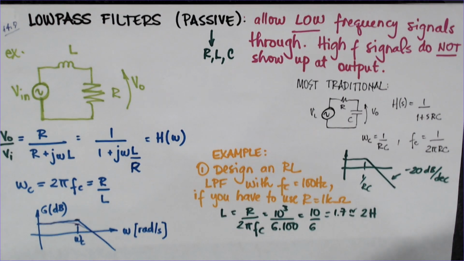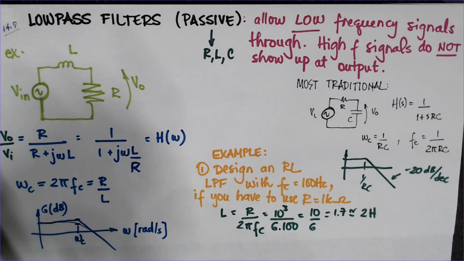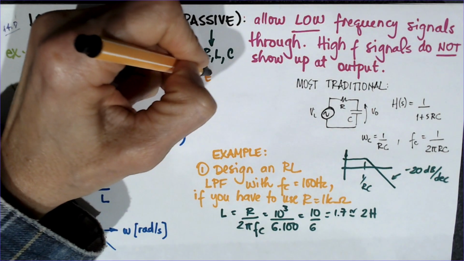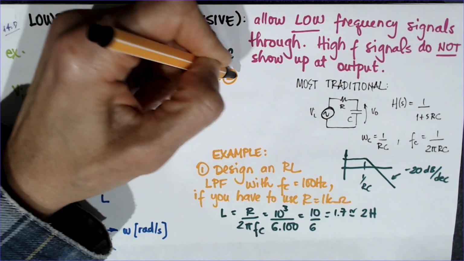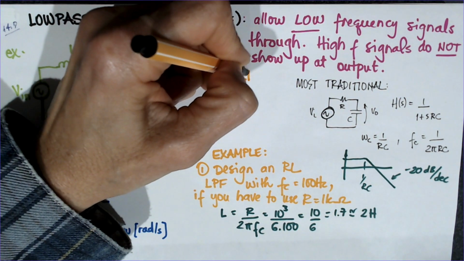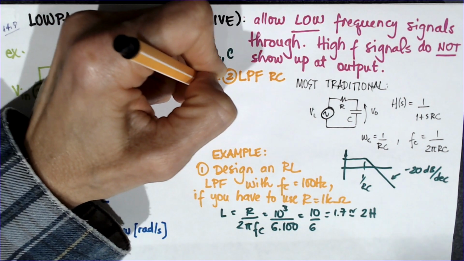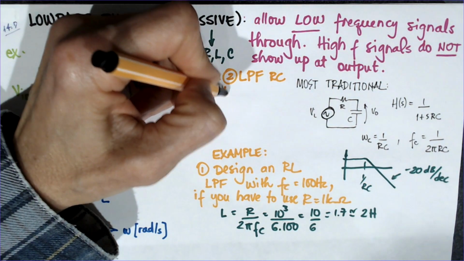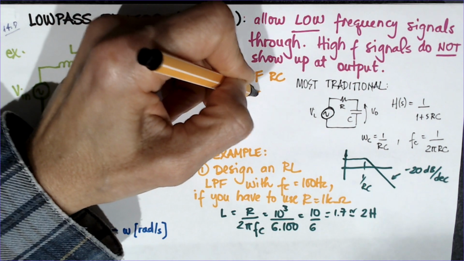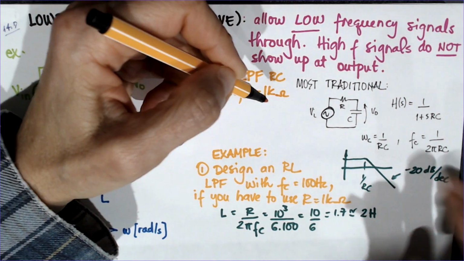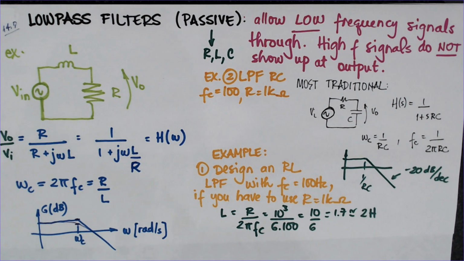Now, if this had been an RC circuit, I'm going to change the example. Example 2, a low-pass filter RC with FC 100 and R 1K. I'm going to just now use this formula here.